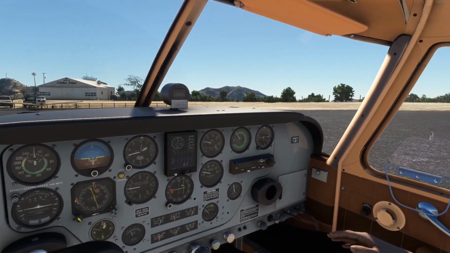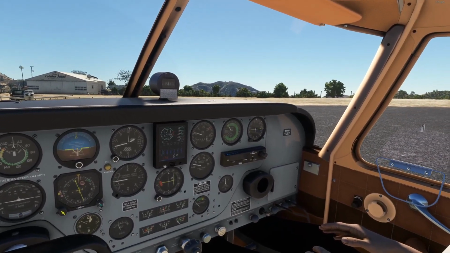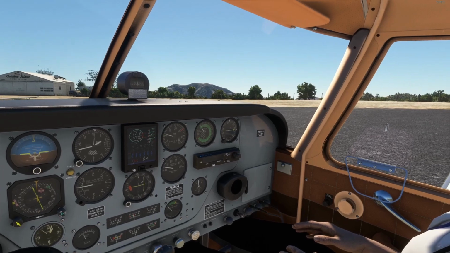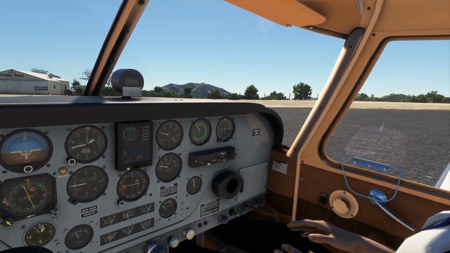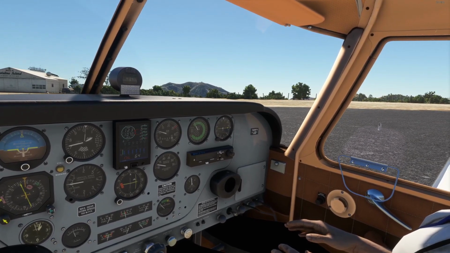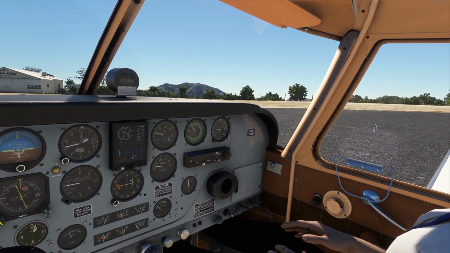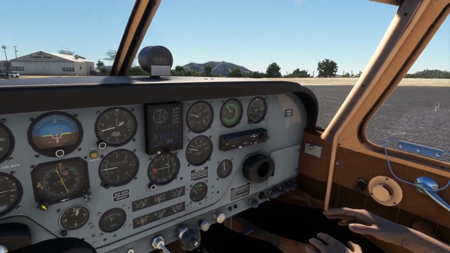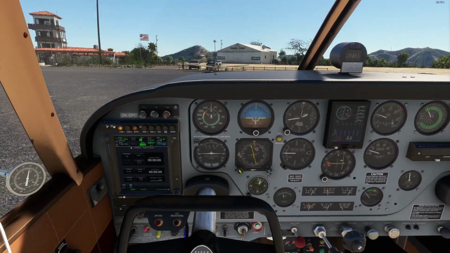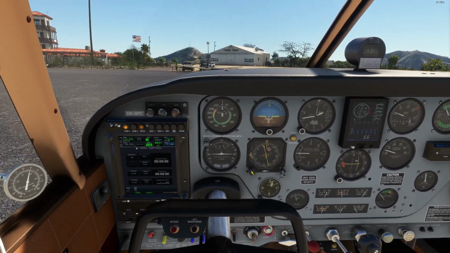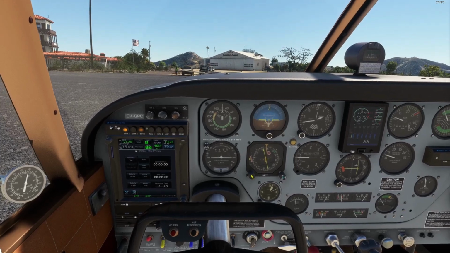So first of all, we'll need the, was it Seal Beach? No, yeah, it's Seal Beach VOR. And the frequency for that is 115.7. So let's put it to nav1, 115.7.